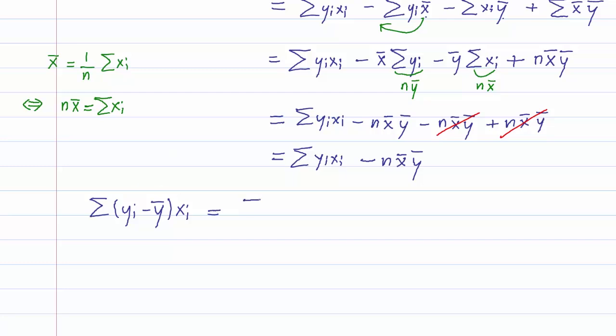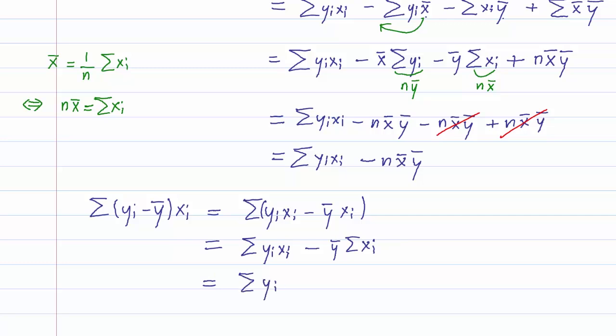So we have sum of yi xi minus y bar xi, which is equal to sum of yi xi minus y bar the sum of xi, which is equal to sum of yi xi minus n times x bar y bar.